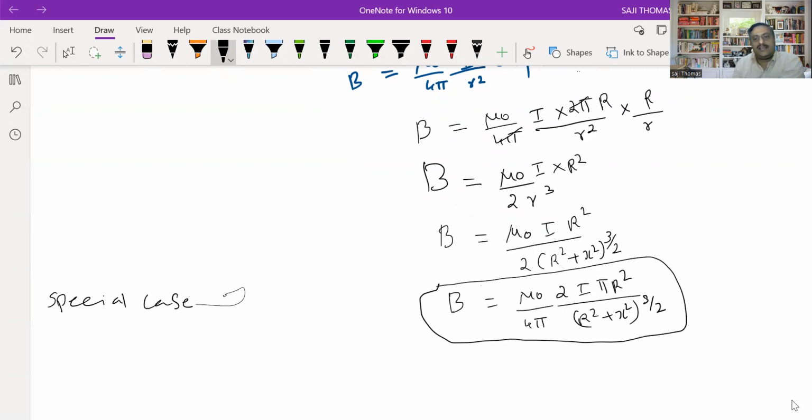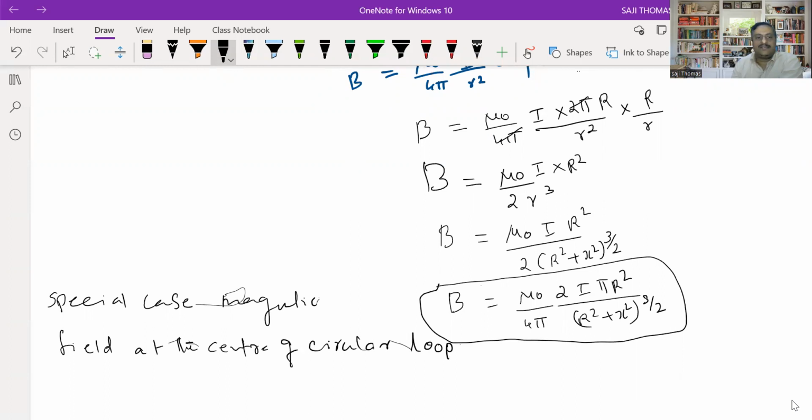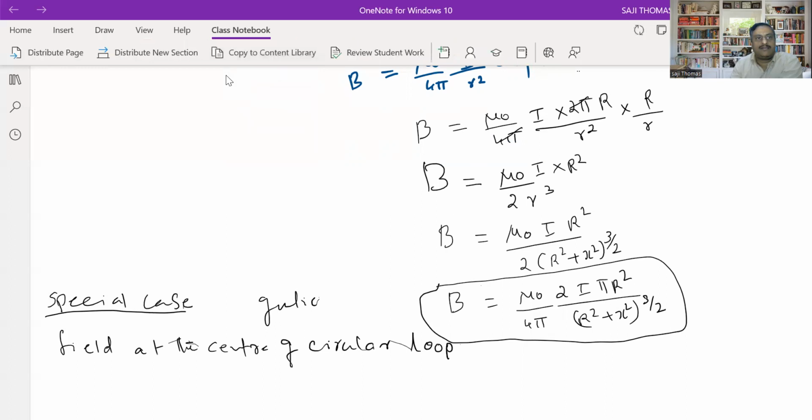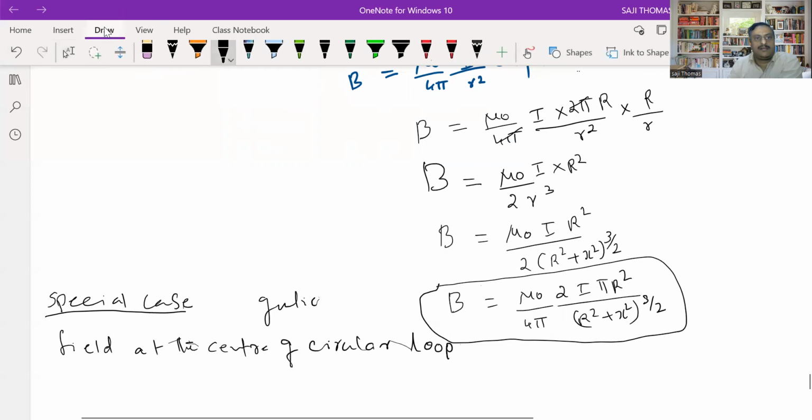Special case: magnetic field at the center of the circular loop.